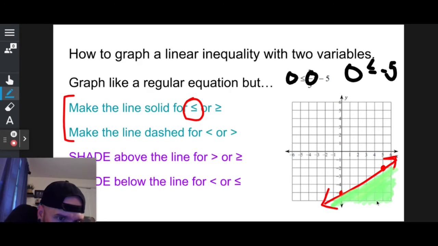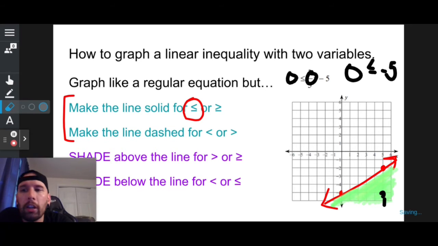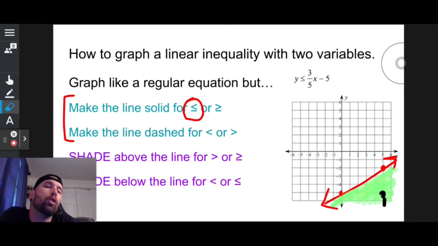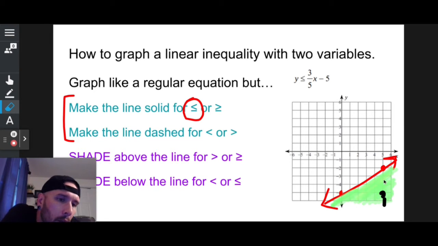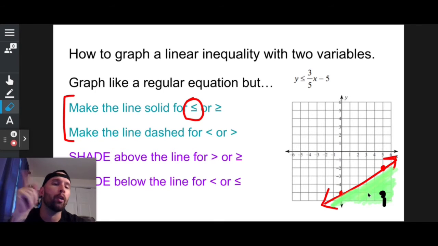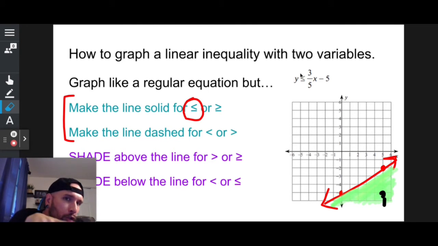All of these points here, so 5, -5, that dot right there, if I were to plug into the original equation, would be a true statement. So all of these points, whether it's whole numbers, decimals, whatever, are coordinates that if I were to plug into that inequality would give me a true statement, including the points on the line because the line is solid.